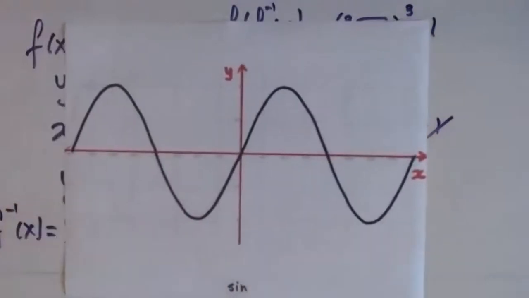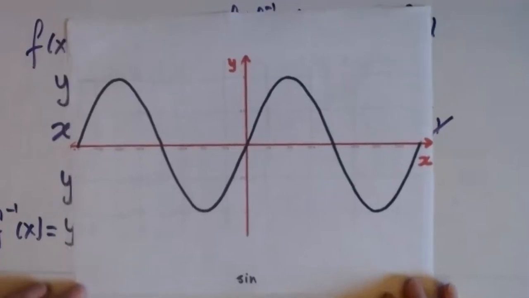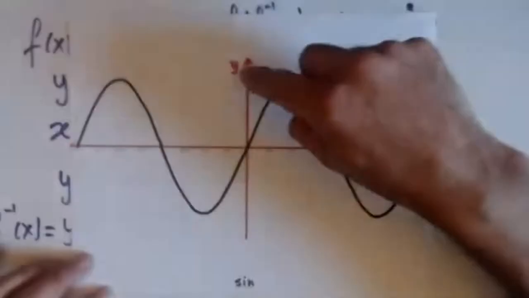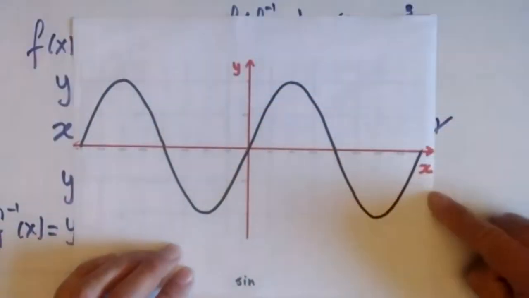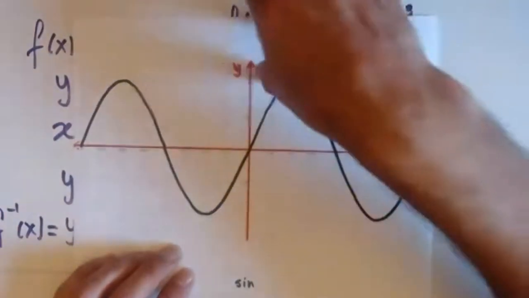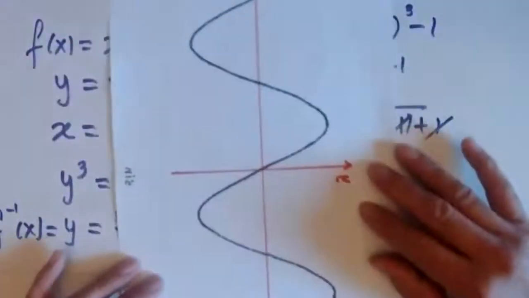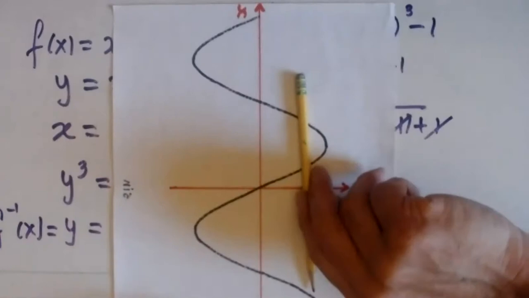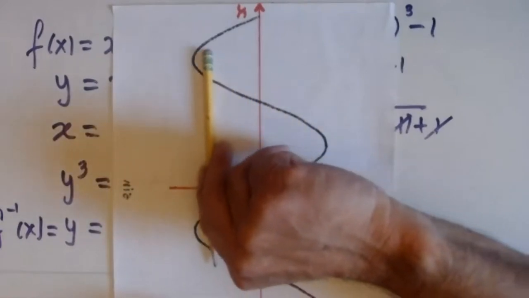Okay, let's go back to this part. This is the graph of the sine function. I guess everybody's familiar with this. Well, how can we get the graph of the inverse of this? If we remember the previous examples, the only thing we have to do is change the y by x and the x by y. Okay, we flip this over, and when we find this, it says, oops, mister, this is not a function, because if we draw a vertical line, this line crosses the graph several times.